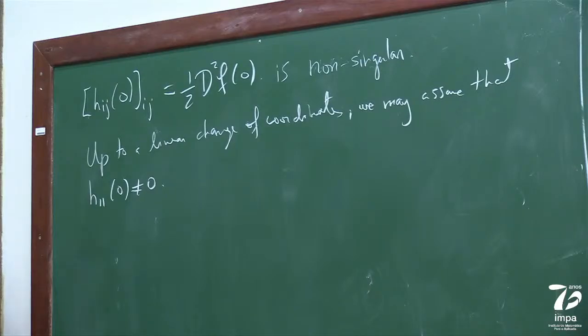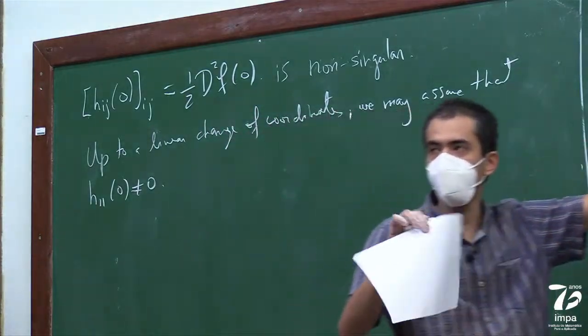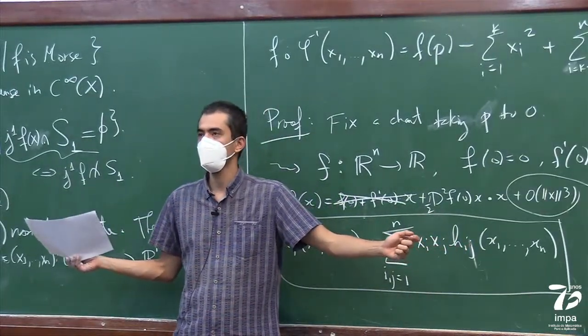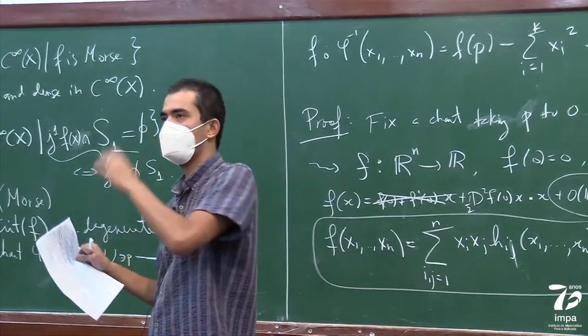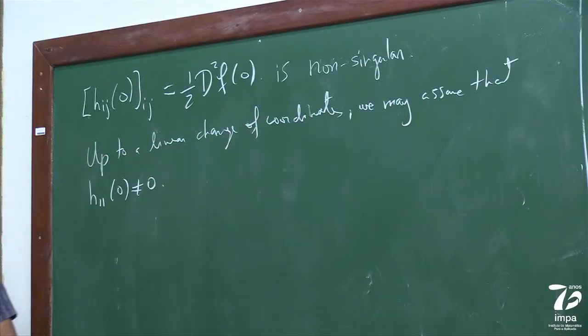So when you change the coordinates on x, the Hessian is going to be multiplied by a on one side and by a inverse on the other side. Because this is non-singular, you can make sure that the first term in the diagonal is different from 0. Anyway, you can even diagonalize the Hessian if you want.